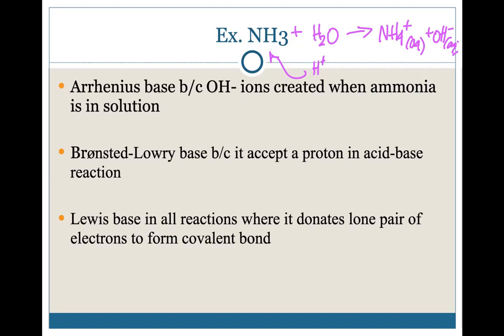All three definitions apply. Also notice that it is an Arrhenius base, a Bronsted-Lowry base, and a Lewis base. So you're not going to have it switch up and become an acid for some reason for a different definition. If it fits all three definitions, it's going to fit all three definitions for a base.